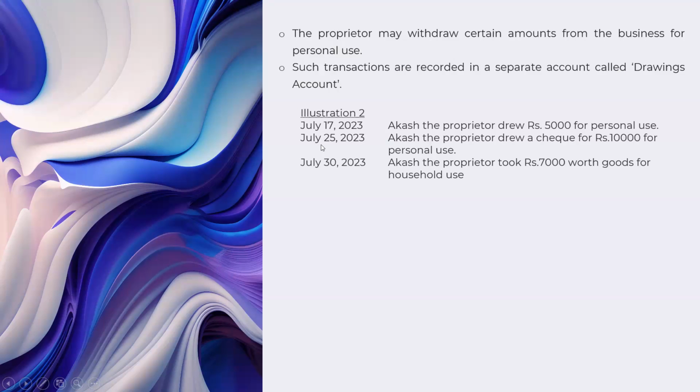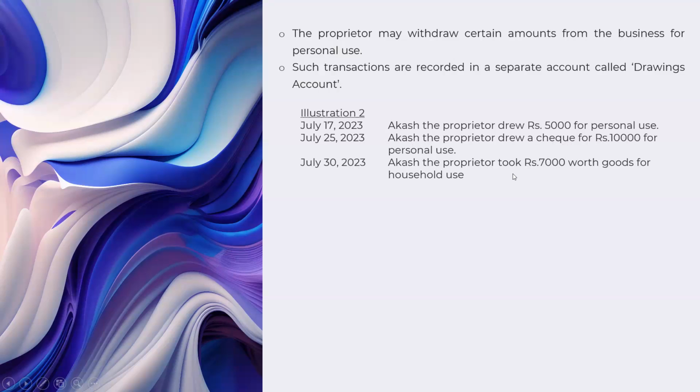Again, in the same month, on the 25th, he drew a check for 10,000 for personal use. If he has deposited a check to the bank, it means he has withdrawn the cash from the bank. And the third entry, he took 7,000 worth of goods for household use.